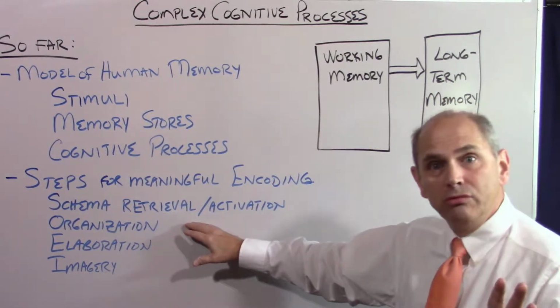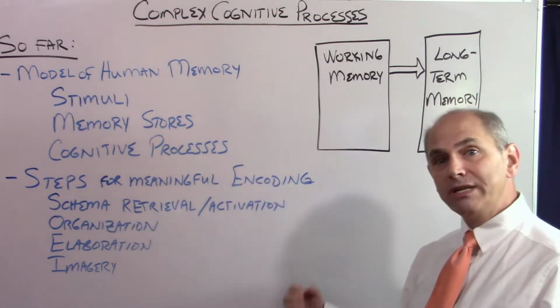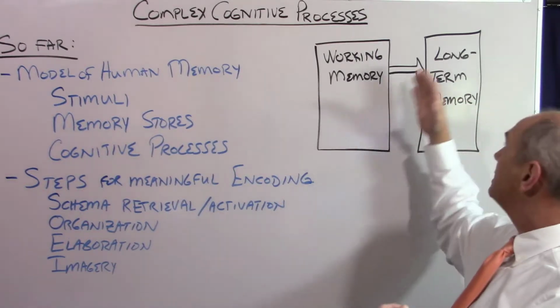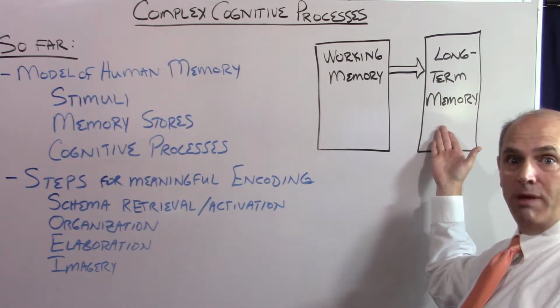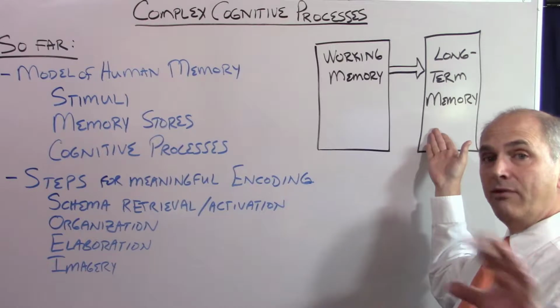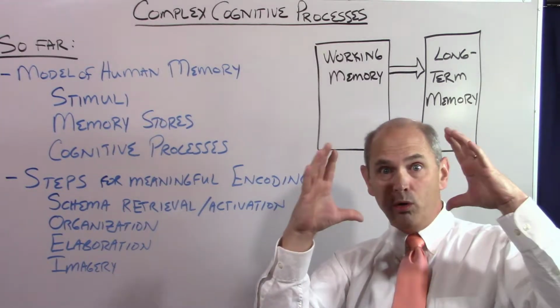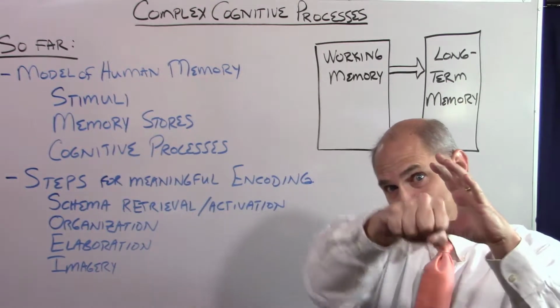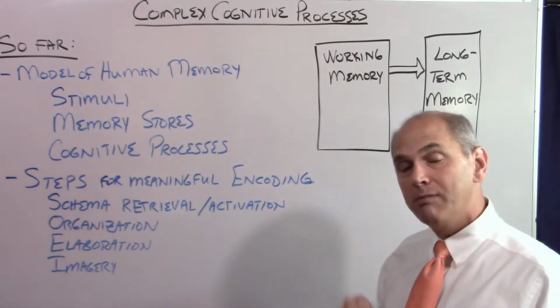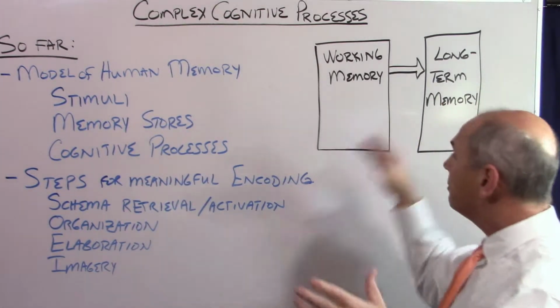We want students to retrieve the schema that they have, and that means they take them from long-term memory, where they have all of their extant schema. Remember, we talked about that hole that you can reach into and grab the schema and pull it back into working memory from where you are? That's what we're saying.